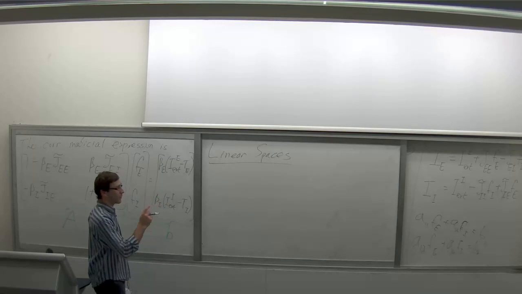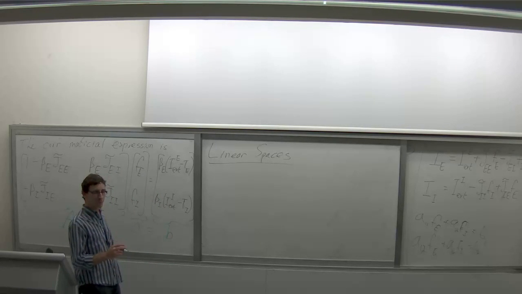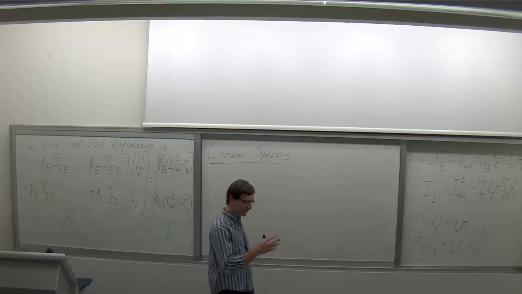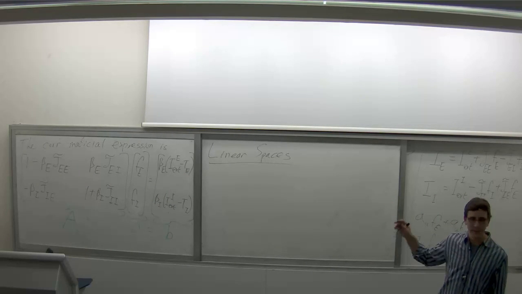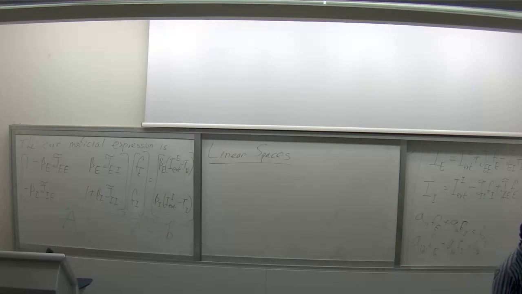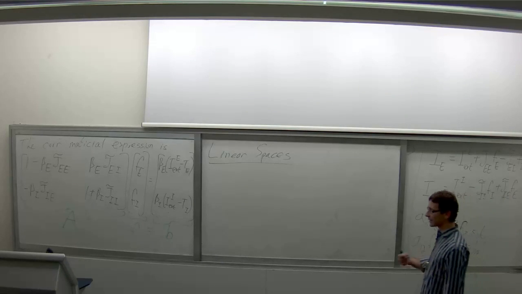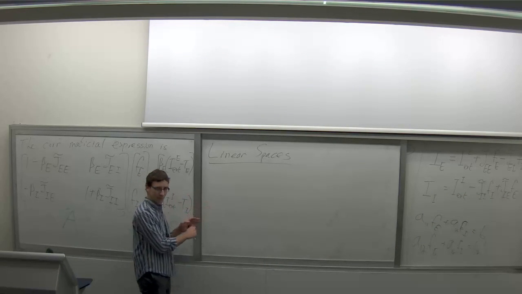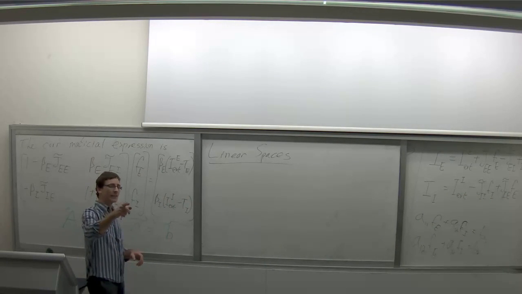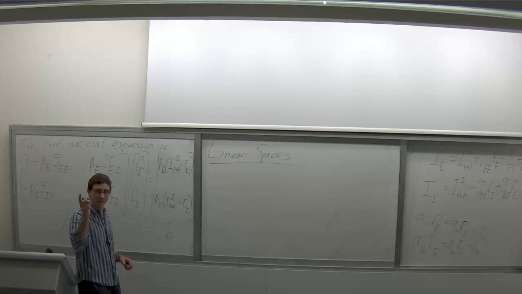What is important about the definition is that it has no context. It's an abstract definition. It tells you that if a set of elements has a list of properties, then this set is called a linear space. The idea is that we can look at one set and say, oh, this is a linear space, and look at another set and say, oh, this is also a linear space.